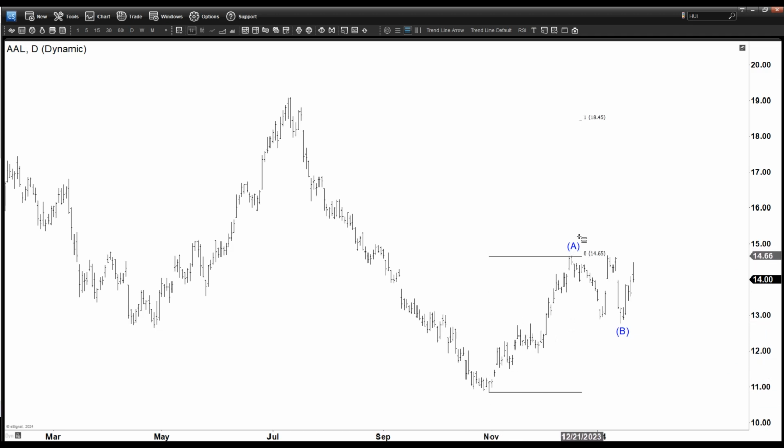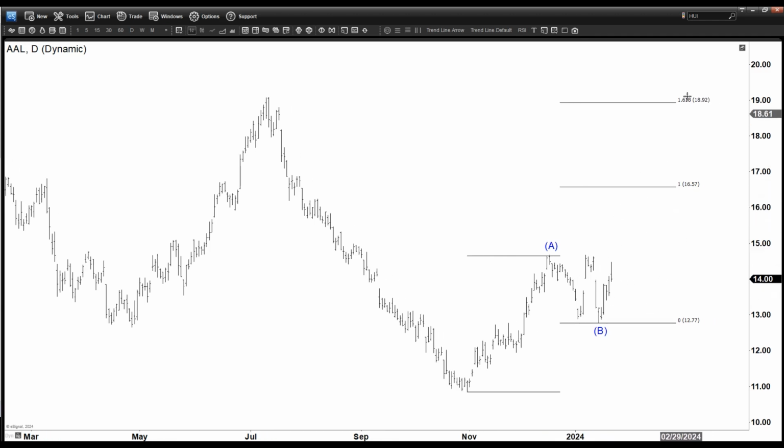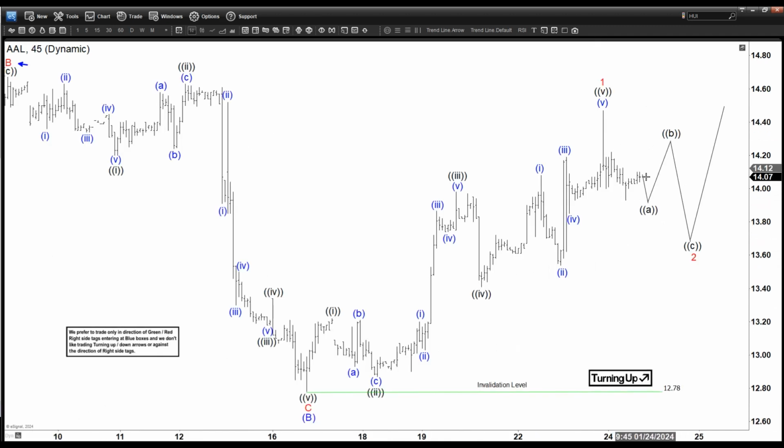And once we break above this previous peak, then we can expect 100% minimum 1657 most of the time, right? The third leg, or if it is with 3, then it can go to 1892, but that's down the road, right? It's not really our concern right now. What our concern is in the shorter cycle, we're looking for any pullback to find support against 1278.